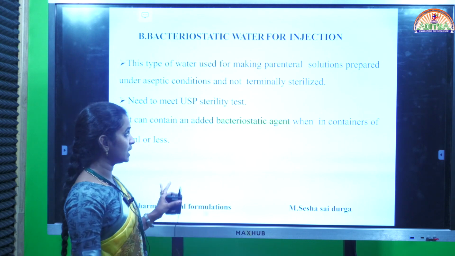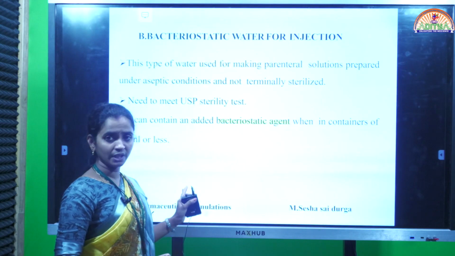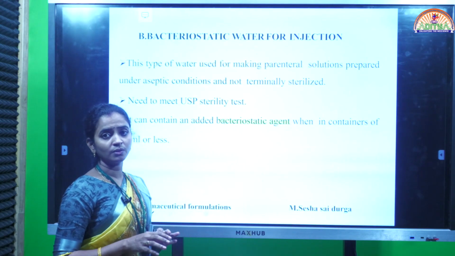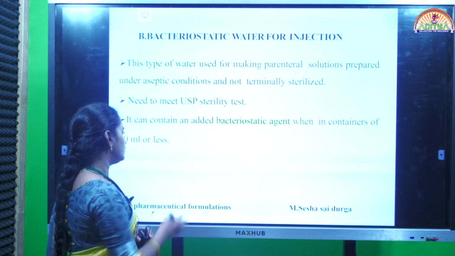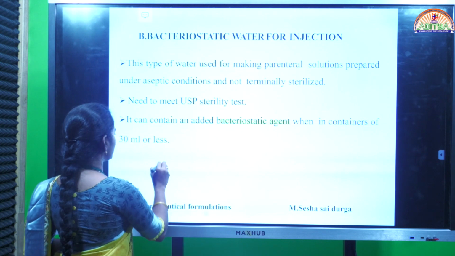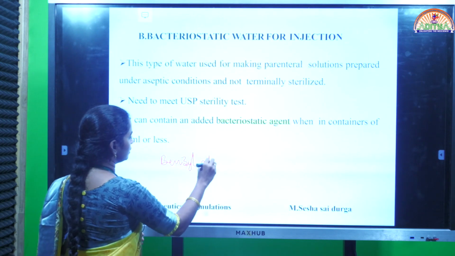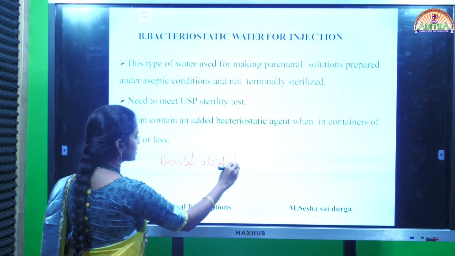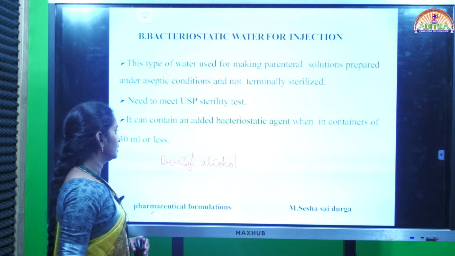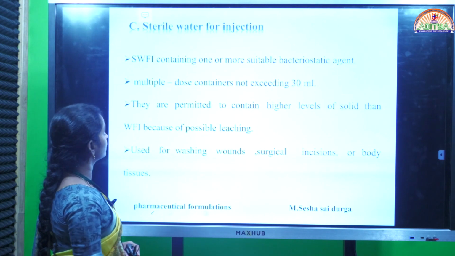The modification is the addition of a bacteriostatic agent, for example benzyl alcohol. Benzyl alcohol is a good bacteriostatic agent used in the making of parenteral formulations. So this is about bacteriostatic water for injection.